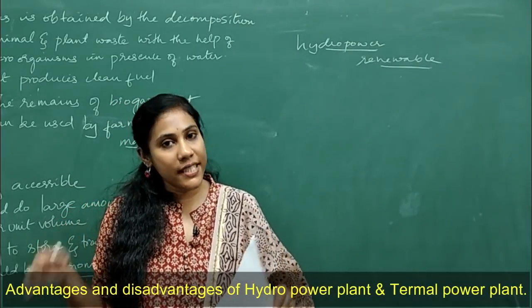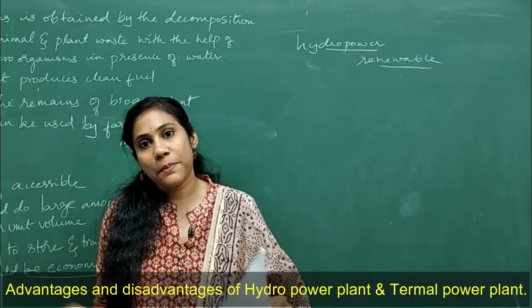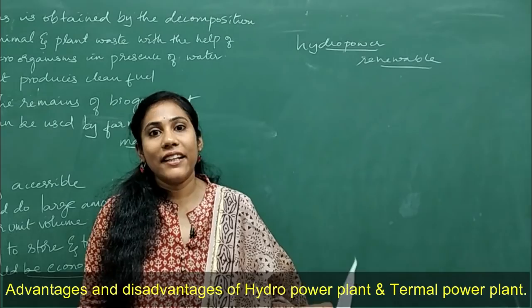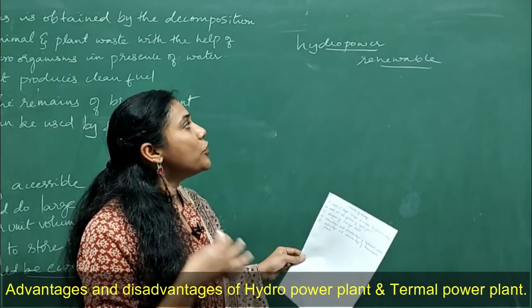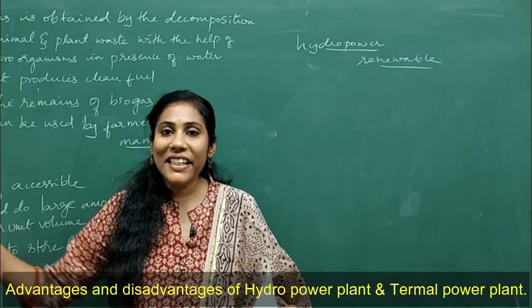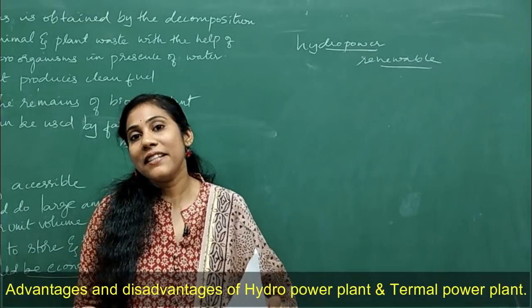And once you set up, the generation of electricity takes place continuously over the years, so that is another advantage, right? But it also has a lot of disadvantages, where a large area is required for the setup of hydropower plants, right?